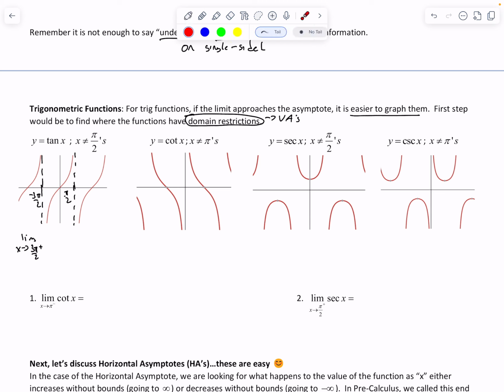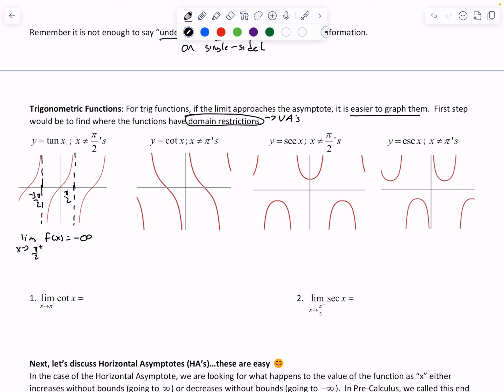We'll keep it simple. As I'm approaching on the right side of the graph, notice we are going down the asymptote. So this is going to approach, in this case, negative infinity.